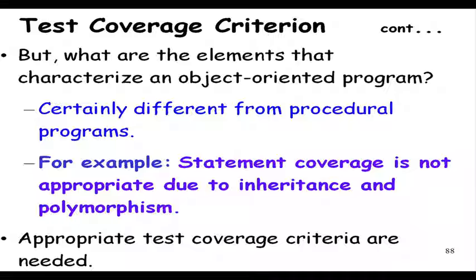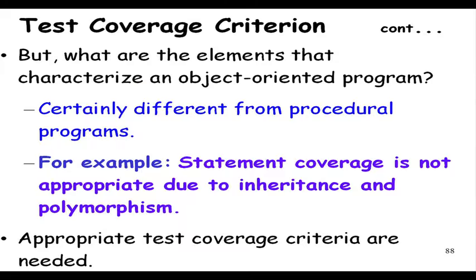Therefore, just having statement coverage, each statement executed once, does not mean much, because testing it once in the context of the base class is no guarantee of the statement working correctly in the derived class. It has to be executed again in the derived class, and therefore, simple statement coverage is rather meaningless in the context of object oriented programs.